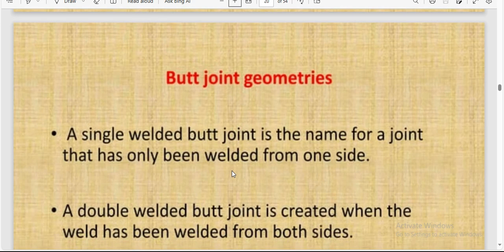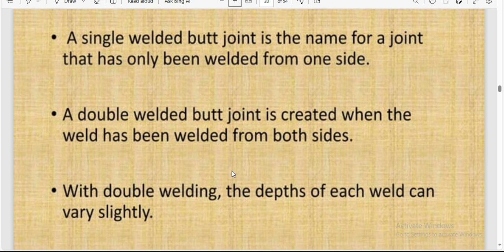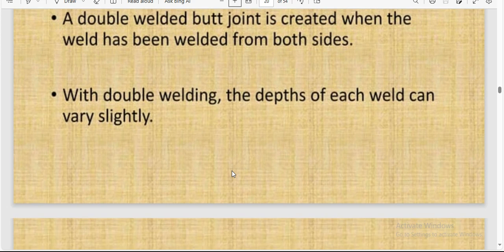A single welded butt joint is the name for a joint that has only been welded from one side. A double welded butt joint is created when the weld has been made on both sides. With double welded, the depth of each weld can vary slightly; the depth of each weld does not vary uniformly.